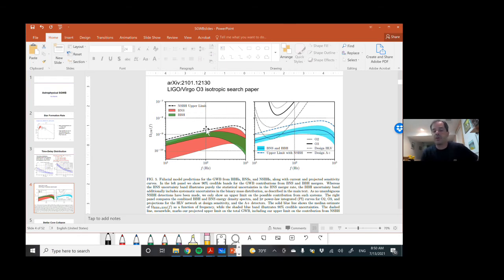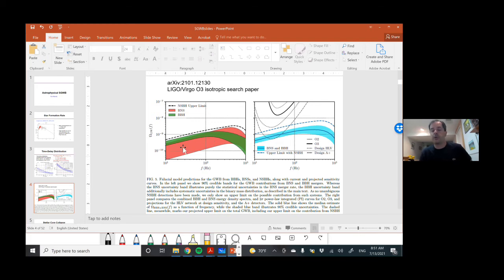The dashed curve was calculated under the assumption that we have not observed any neutron star black hole binaries. So this was the maximum, or the upper limit, on what the contribution from the neutron star black hole binaries would be based on the lack of the observation of them.